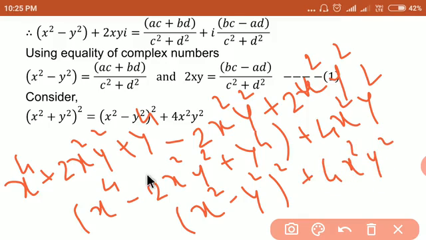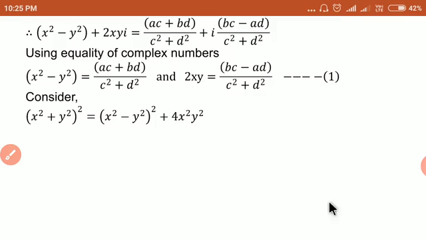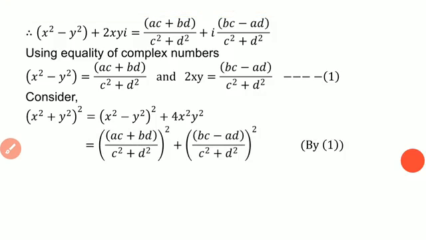In this way I write this LHS in terms of x square minus y square. See how we get this term here.